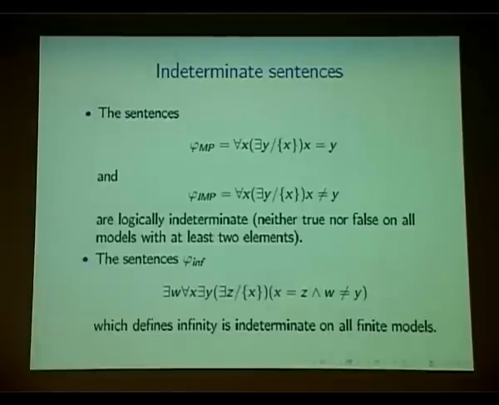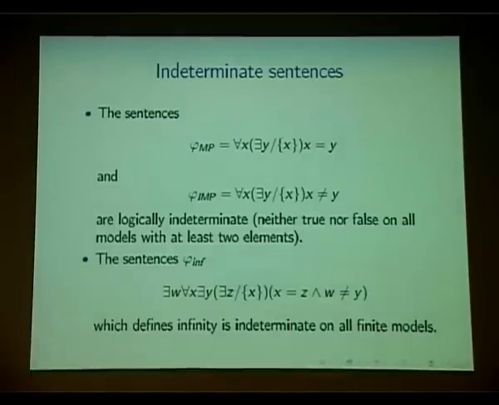The existential player, when he makes a choice, doesn't see the value of x, but he has to choose an identical element. So it's easy to see that this is logically indeterminate. We exclude models with one element here.